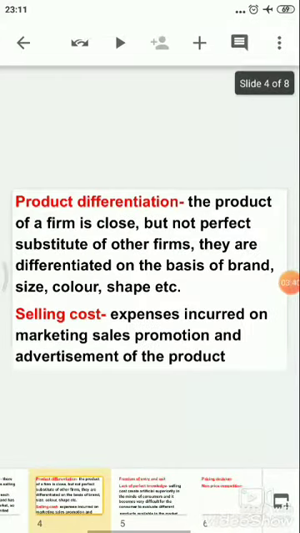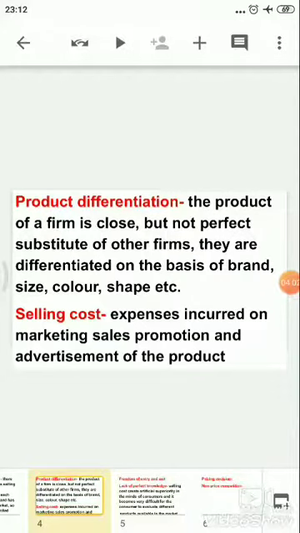The second feature is product differentiation. The product of a firm is a close but not perfect substitute of other firms' products. Like I told you, if you take the example of soap, the shape, size, color, smell, all these things vary from soap to soap. This is only one example that I have taken.